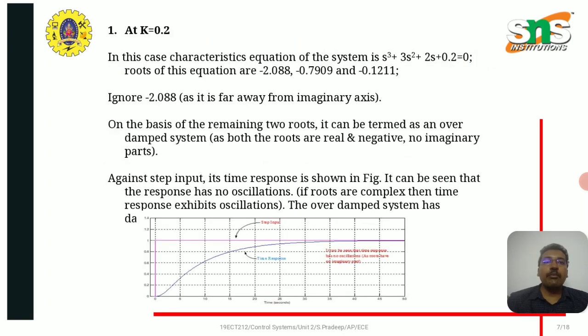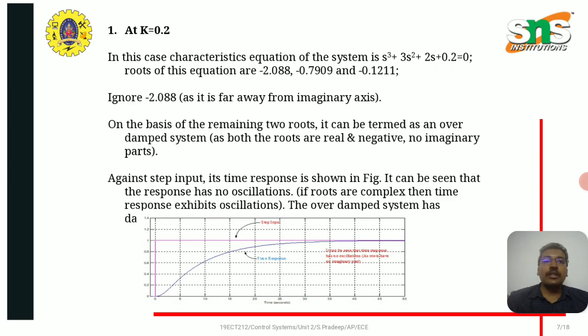For k equal to 0.2, the characteristic equation of this system is s cube plus 3s square plus 2s plus 0.2 equal to 0, and the roots of this equation are minus 2.088, minus 0.7909 and minus 0.1211.